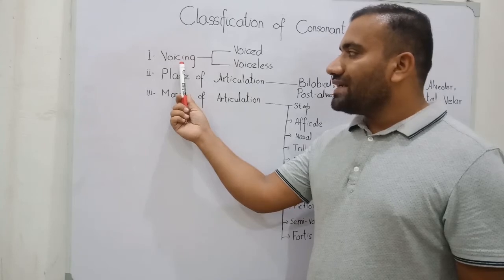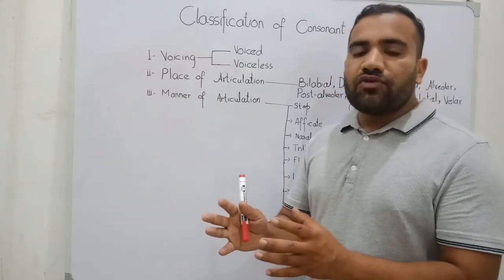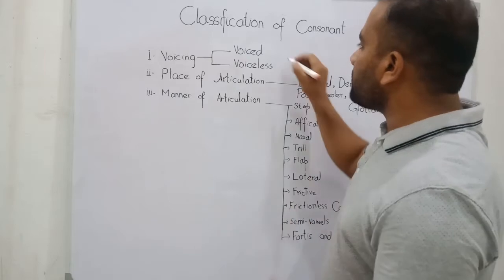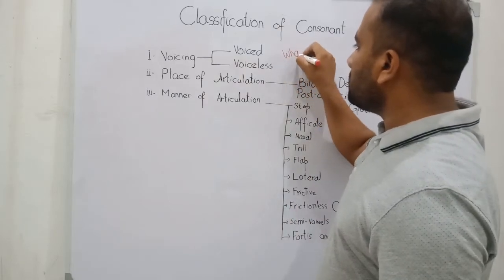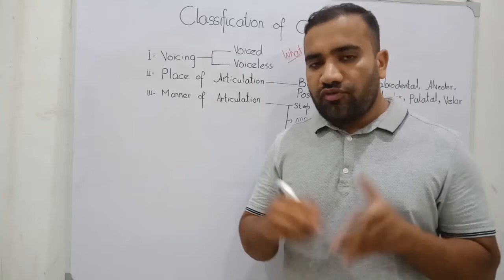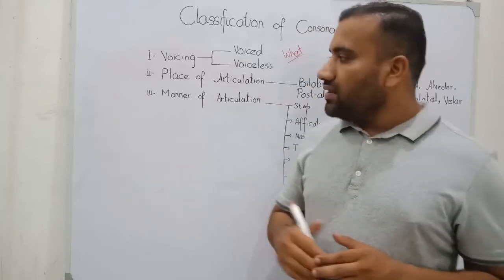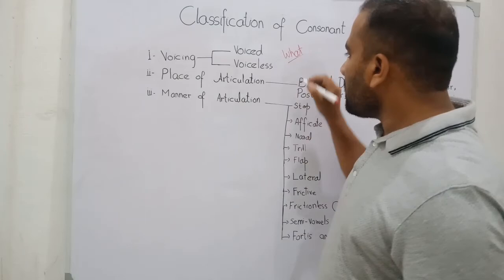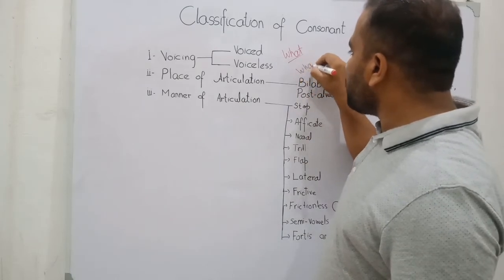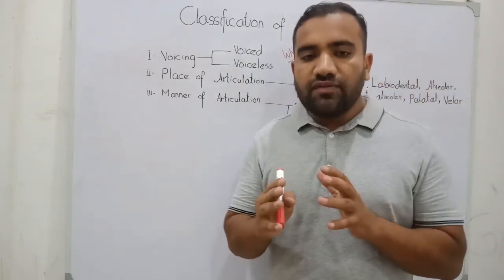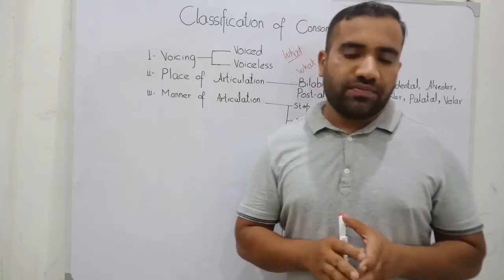Our first point tells us what type of sound it is. It is the question of what. Either the sound is voiced or unvoiced. The second tells us the place at which the active articulator touches.